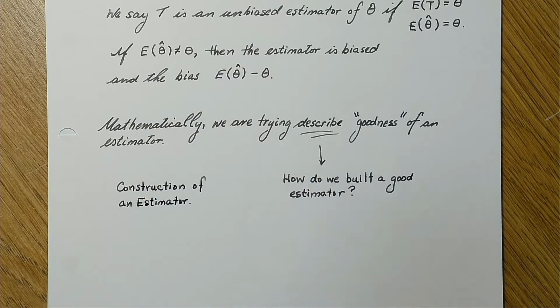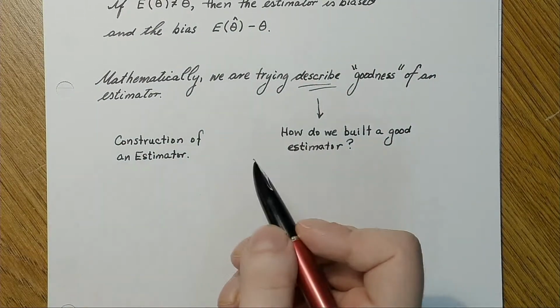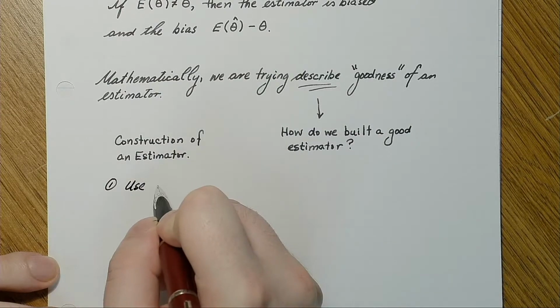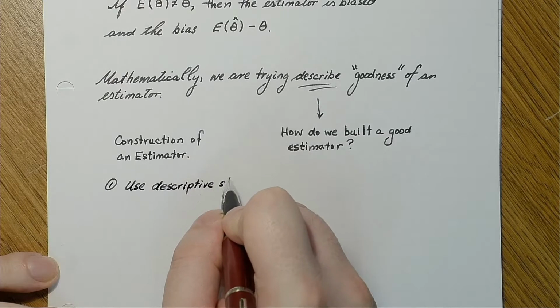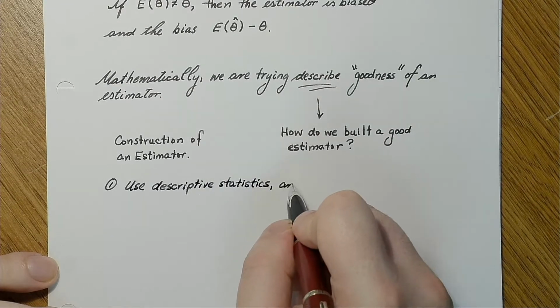We had lots of other estimators that we had thought about, like we could use any of the ones that we had from descriptive statistics. That's one way we could do it, and then check.